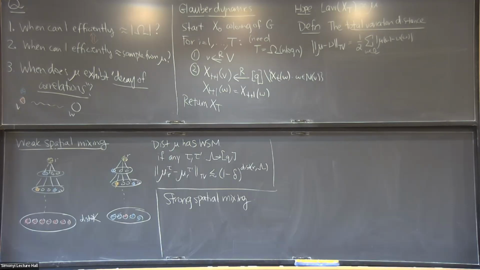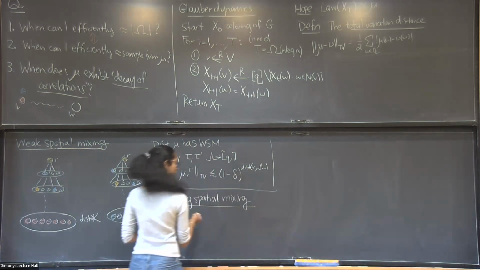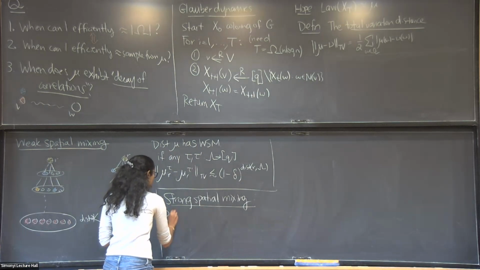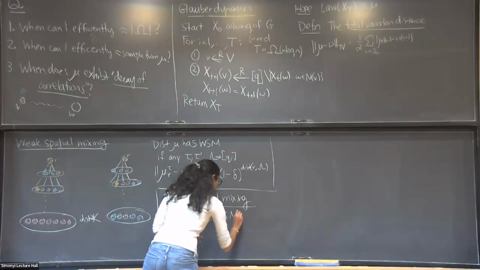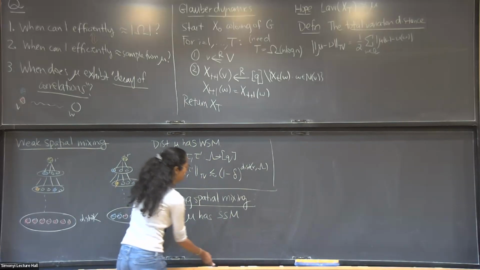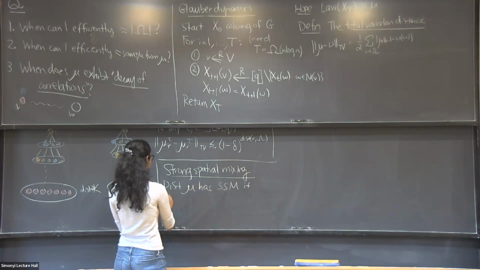So let me. That definition is new. Pardon? No, this is a very classical and well-known definition, right? Which is that a distribution mu has strong spatial mixing if for all pinnings, I'm going to copy the same thing.